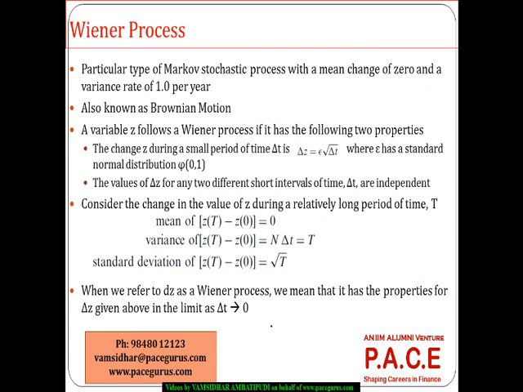Now, this is where I want to introduce you to the Wiener process, where we have already talked about a Markov stochastic process with a standard normal distribution. The change follows a standard normal distribution, with a mean of 0 and a variance of 1, just like the earlier example.